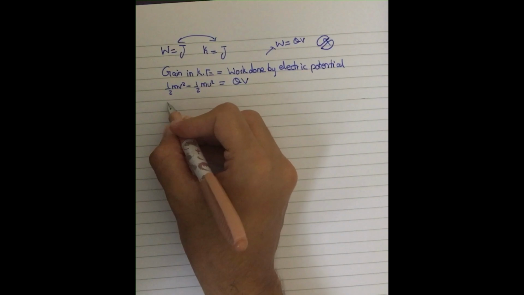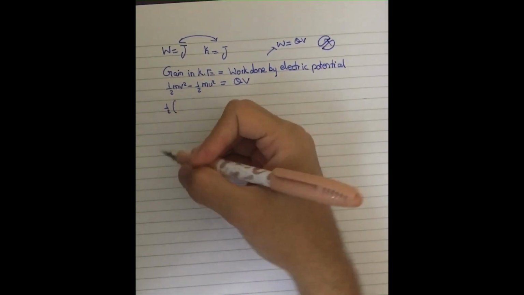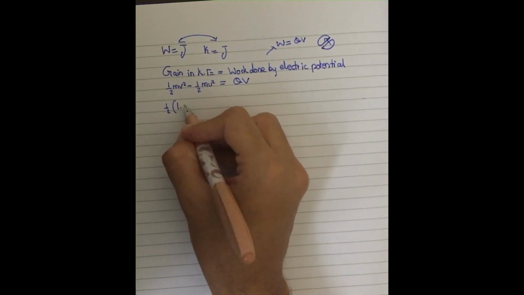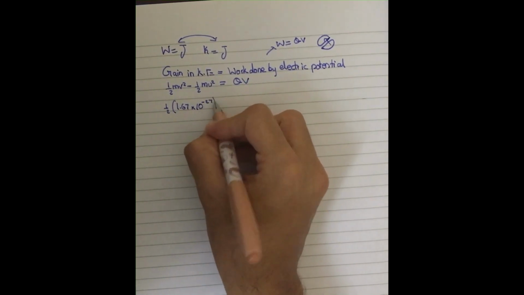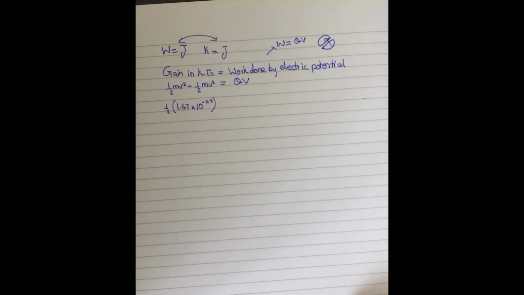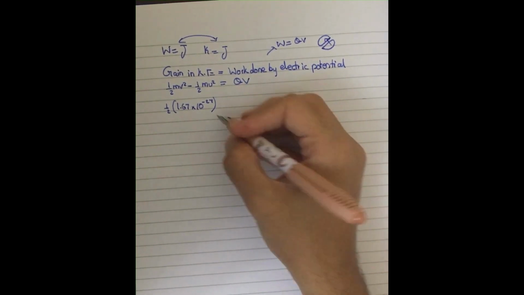So I'm going to input the values. I have 1 by 2, and I have mass, which is 1.67 times 10 raised to power minus 27. This is the mass of the proton, because in these we usually use proton mass.